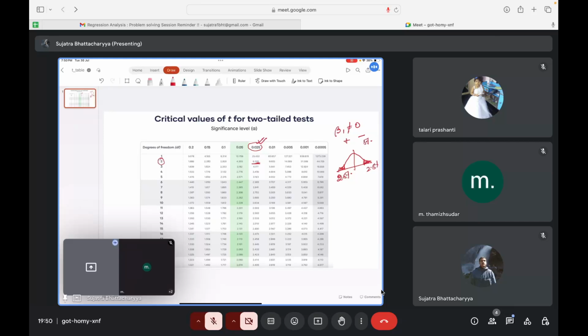Just a minute. Okay. So this is the thing. I will give you another T test, T statistic thing, but for the time being, it is nothing but 6.205.